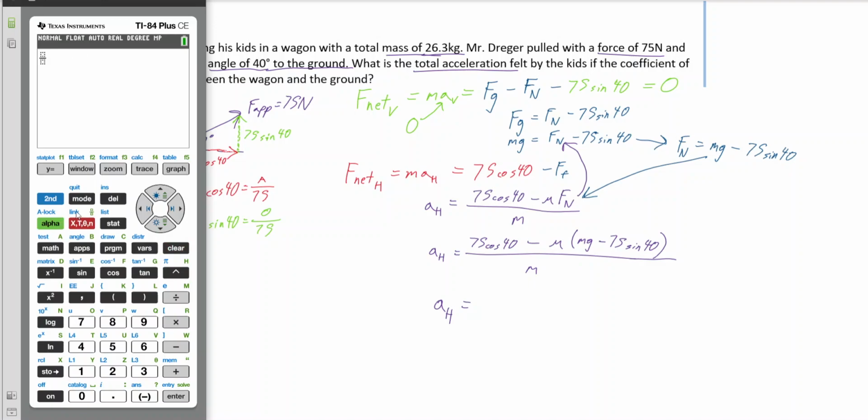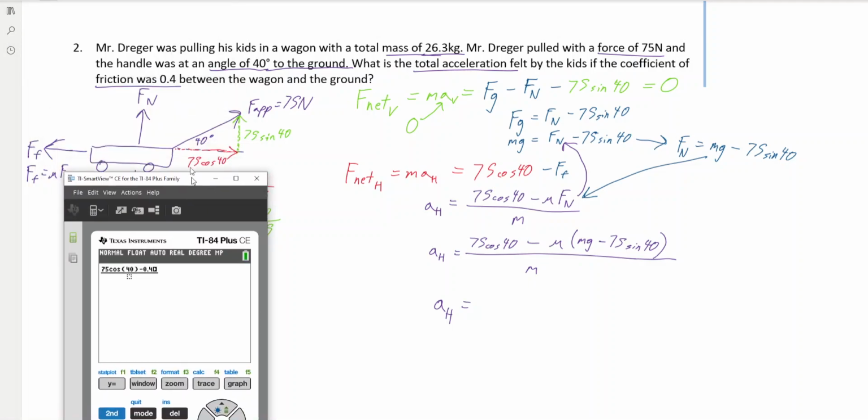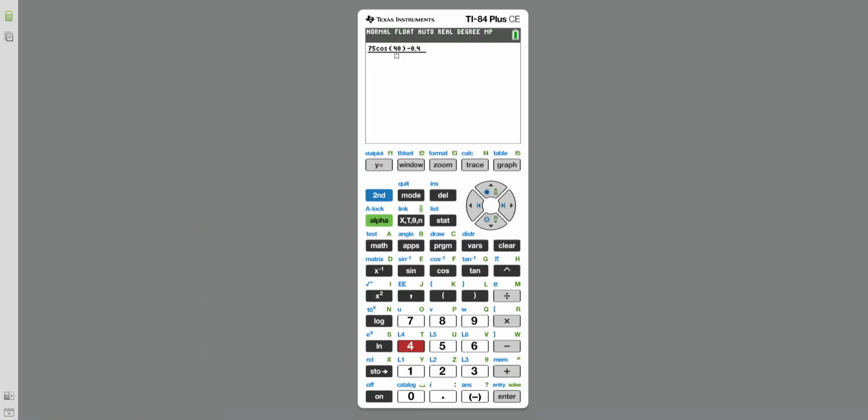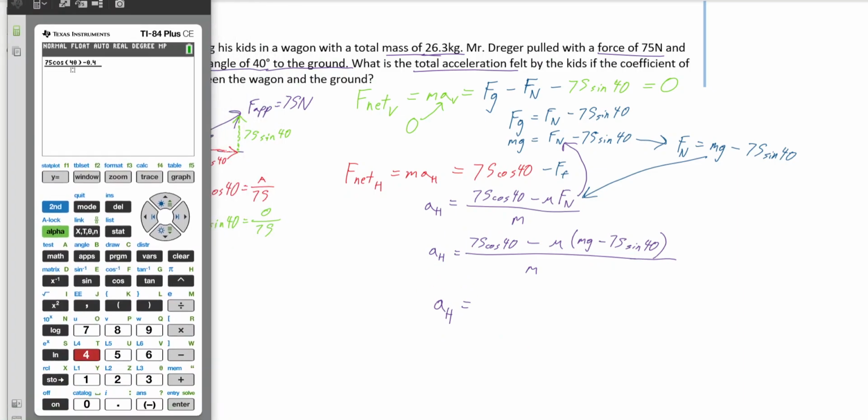So in my calculator and any other TI-84, I'd say use the fraction. So alpha, y equals, and then the first one gives you a fraction. Okay, so 75 cos 40 minus mu, what was mu? 0.4, I believe. Let's just double check. Yeah, 0.4 from the question.